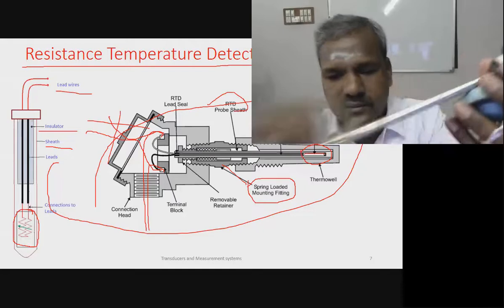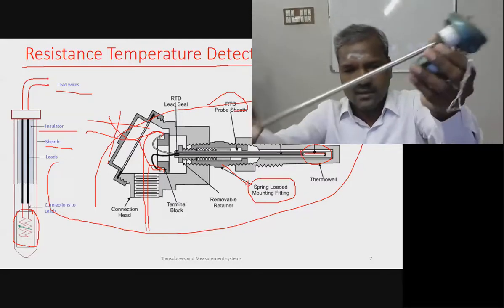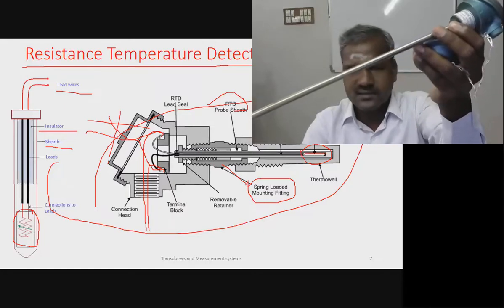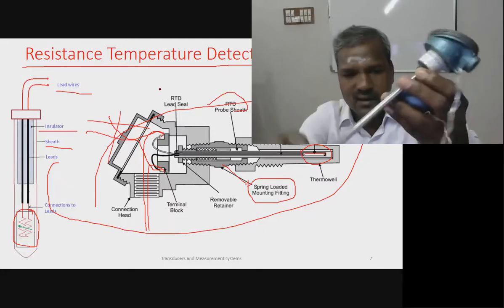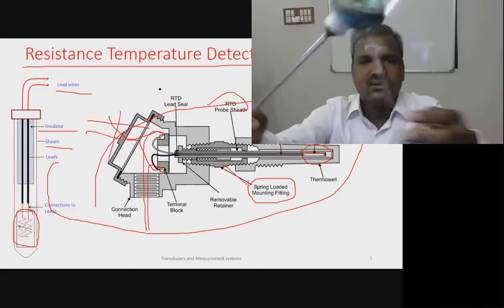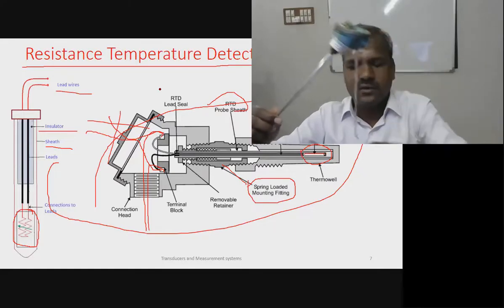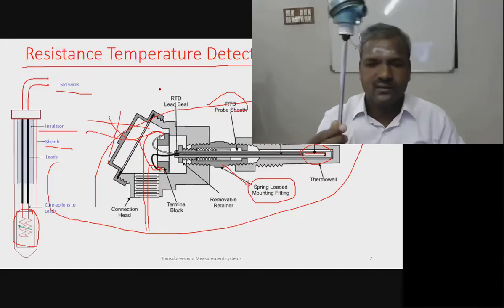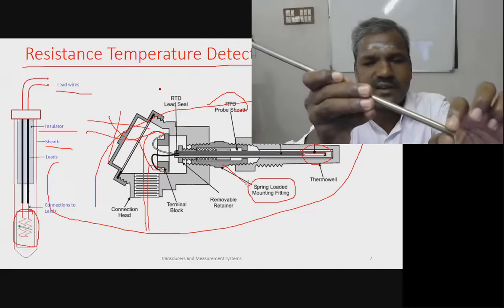So this is a real RTD. You are seeing the internal construction here. This is a real industrial RTD. This way the lead wires are taken out. This is closed. The sensing element is available here.